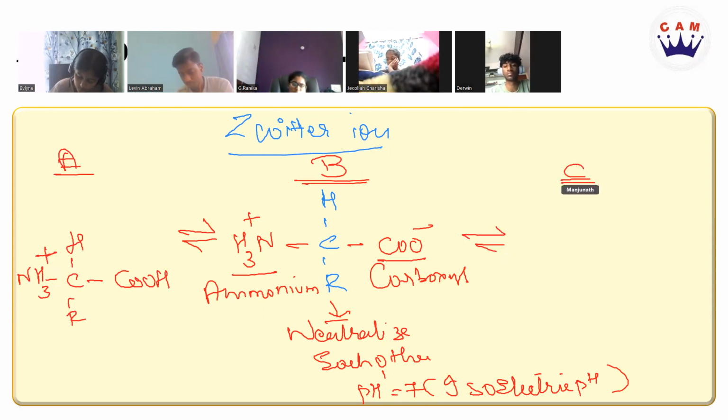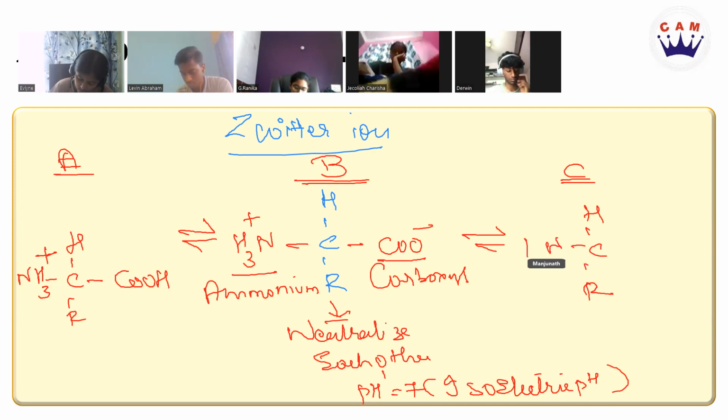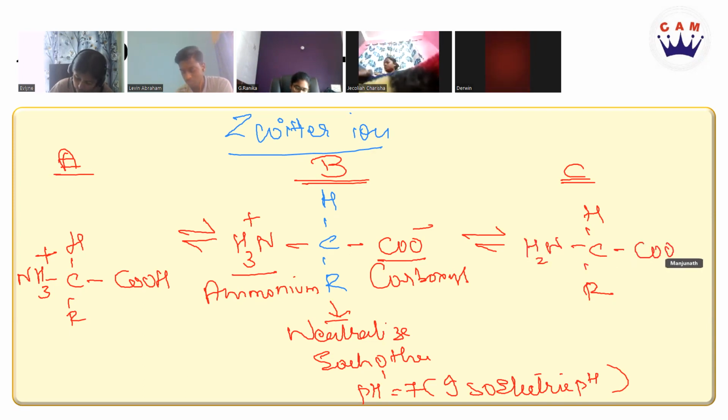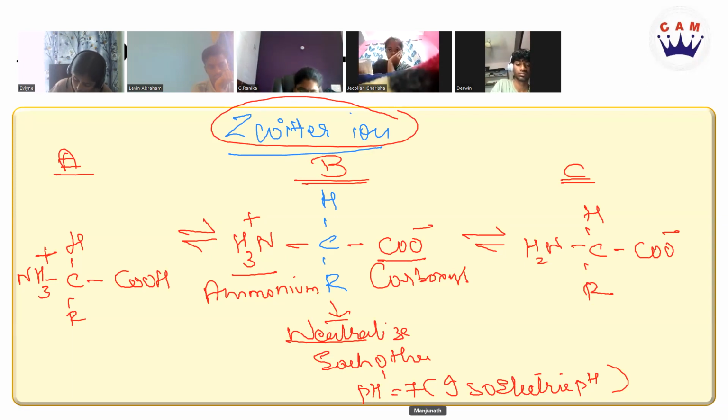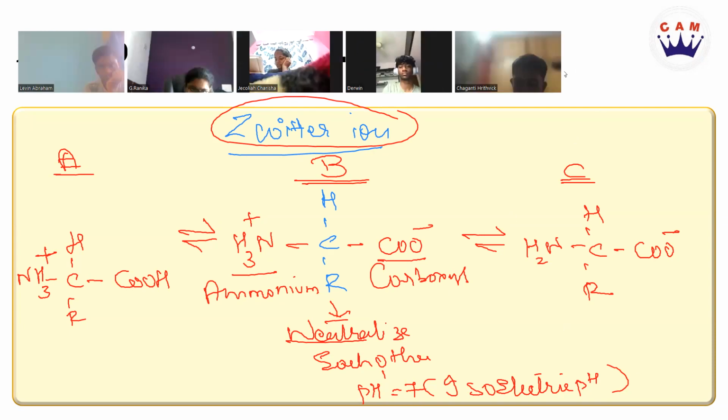Then C, H, R, NH2, COO minus. Then it will be acidic. So when a base and an acidic functional group neutralize each other, then it will be neutral. Such neutral ions are called zwitterions, and they form a band at pH 7, and the pH at which it results in a band is called the isoelectric pH. Hope it is clear for you.